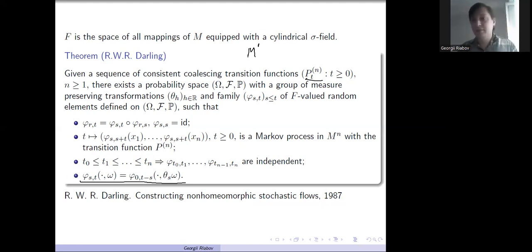And it is known that this is not a very good space to define processes on.